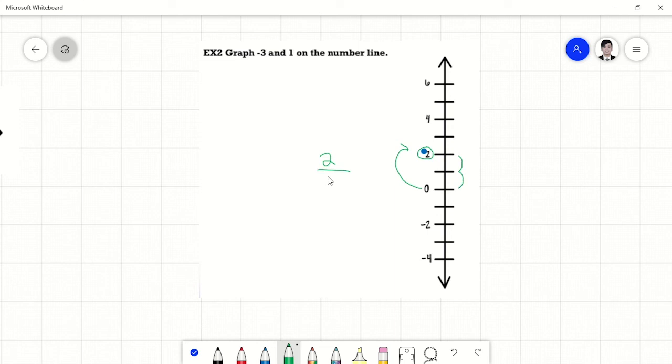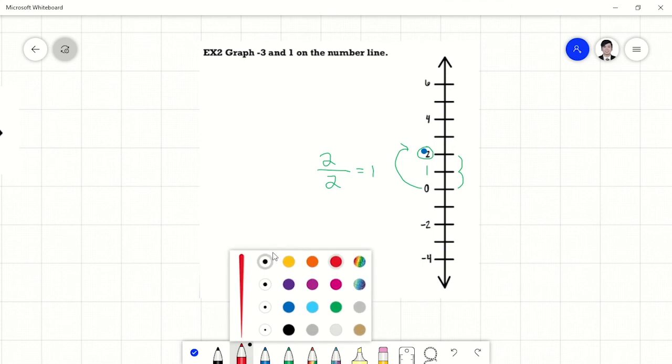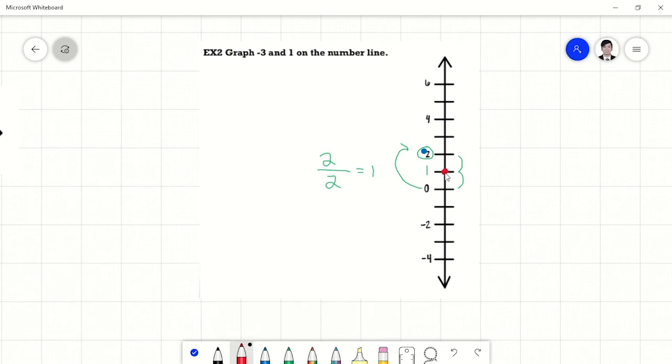So we will divide 2 by 2, which is 1. That means the scaling here is 1. Since it's positive, we must go up from 0. 0, then 1. So 1 is here. So place a point.